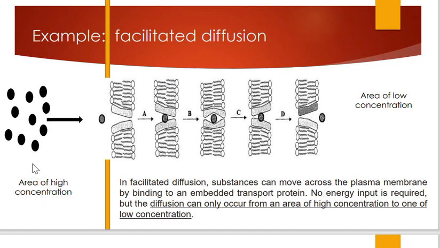So, damo ka dire nutrients, damo ka substances. Okay? So, in facilitated diffusion, substances can move across the plasma membrane. They can get inside the plasma membrane by binding to an embedded transport protein. Okay? So, no energy input is required, but the diffusion can only occur from an area of high concentration to the area of low concentration.